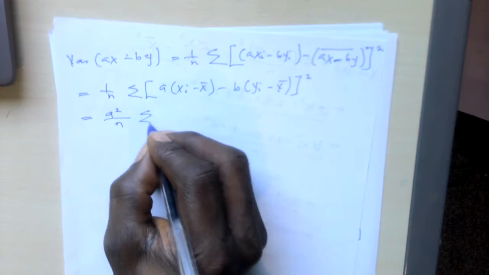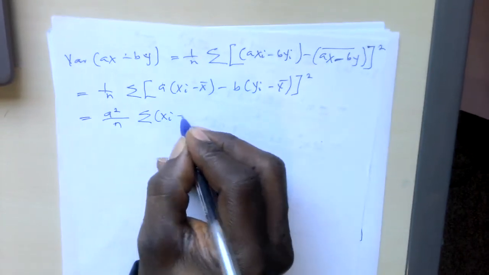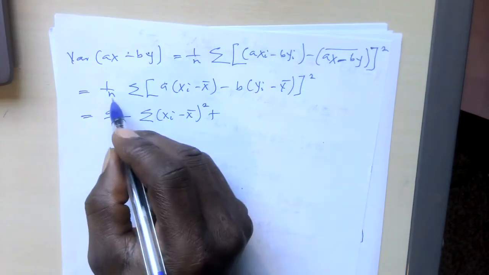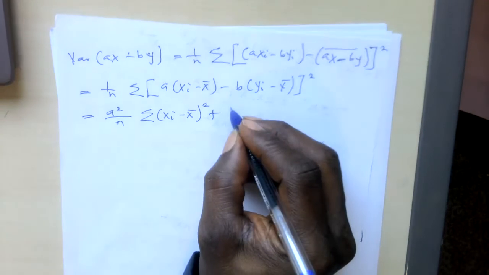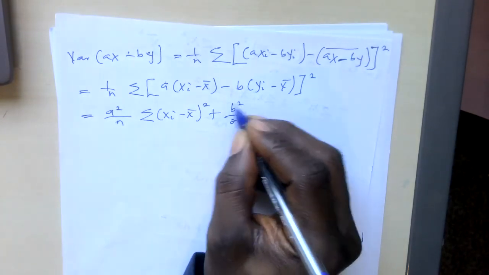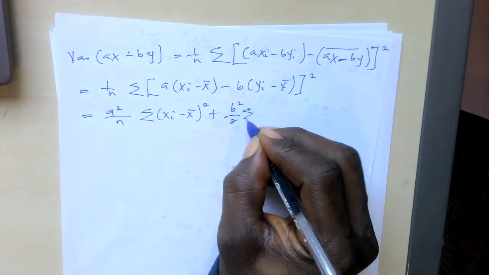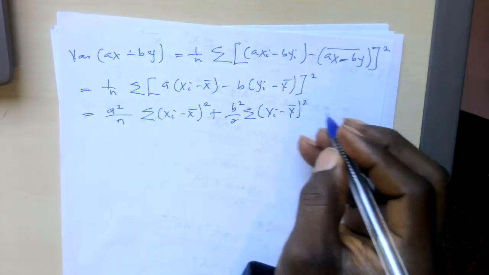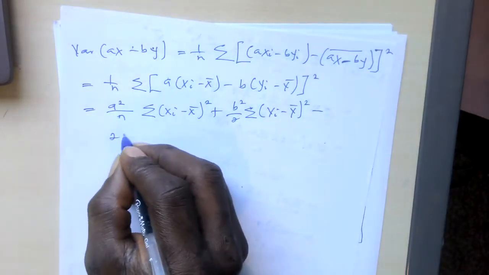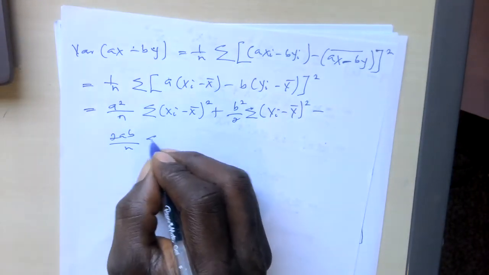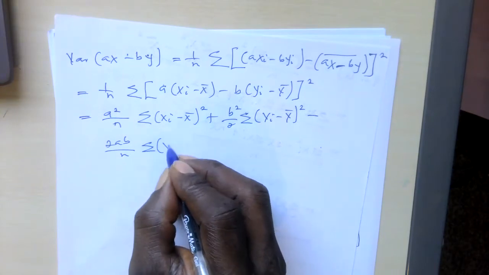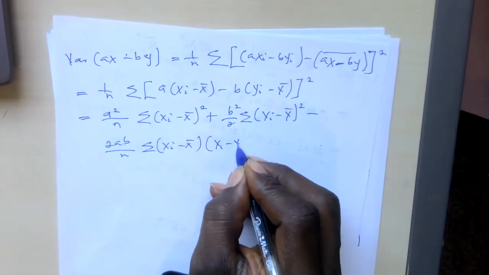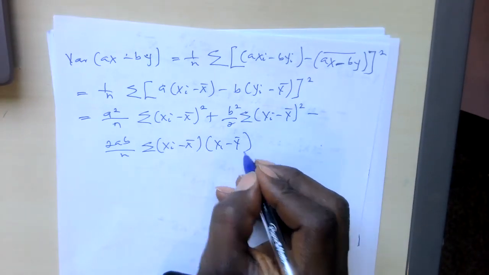So we have summation x i minus x bar square. Let's expand this. We have b, and now it's out of the variance, so it's square. Summation y i minus y bar square minus 2ab and x i minus x bar, y i minus y bar is covariance, right?